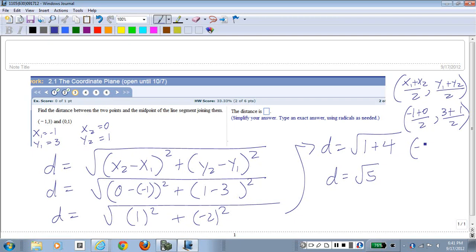That's negative 1/2 or negative 0.5. What's halfway between 3 and 1? 4 over 2, which is 2. So there is the midpoint, halfway between the 2 points: negative 1/2, comma 2.